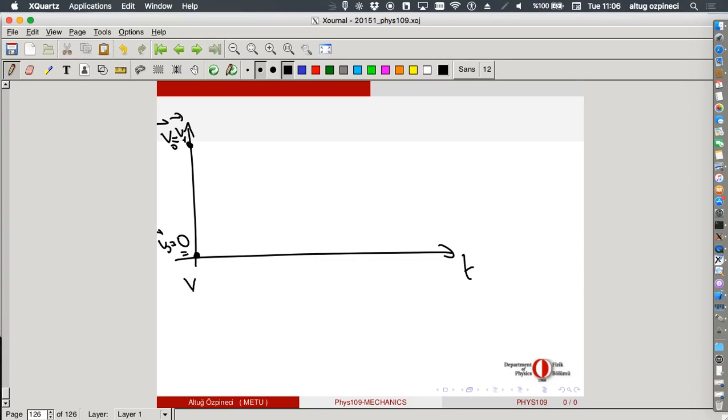Now let's just try to understand the behavior. We know that there are two forces acting on it. At any time, let's say they are moving with some velocity V downward. Now what are the forces acting on my object? We are drawing the free body diagram. There's a weight, and there's also the drag force.